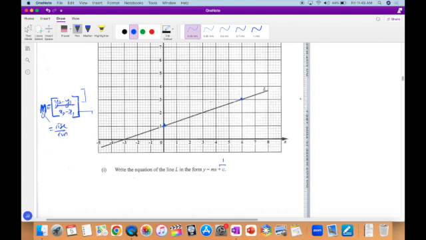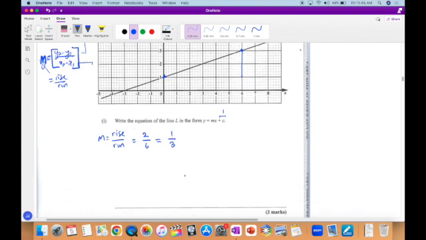How about from this point here to this point here? You could see that the vertical rise is 2. So m is equal to the rise over the run. The vertical rise is 2, and the horizontal run is 2, 4, 6. So over 6. Therefore m is 1 over 3.